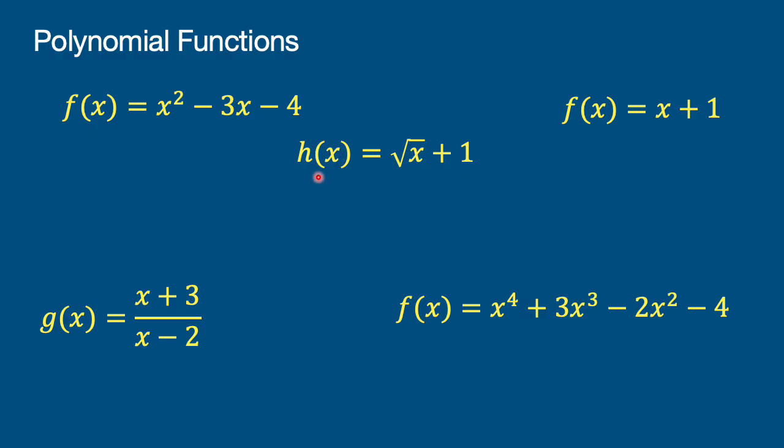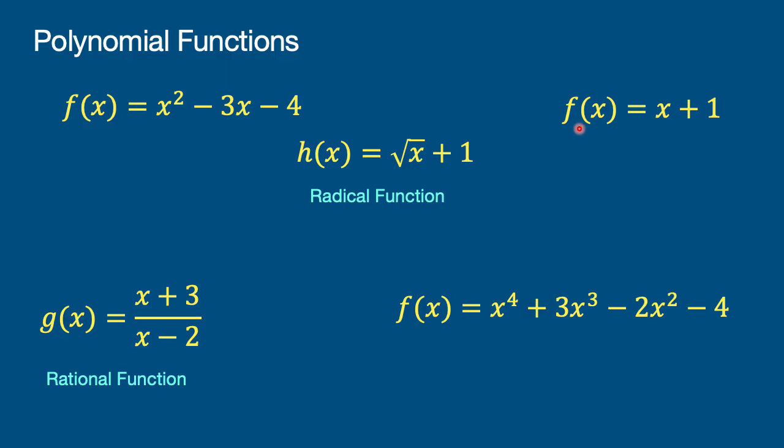So h of x is a radical function because of the square root of x. Square root of x means the power is x to the 1/2. That power is a fraction, so that's not a polynomial function. Another form, g of x right here, is a rational function. This is a fraction form, so this is not a polynomial function.